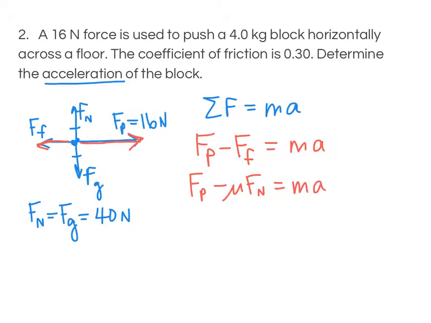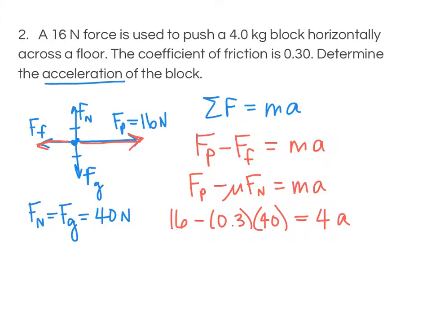Okay, so now I have a very general statement based on my picture. I'll plug in all the values I know. The pulling force, the applied force, was 16. My mu is 0.3, and the normal force was 40. That will equal my mass in kilograms, times my acceleration.